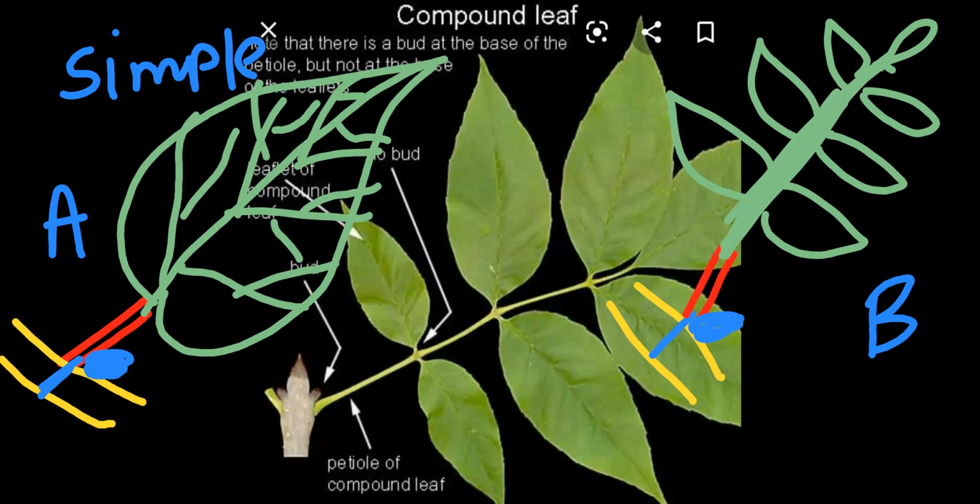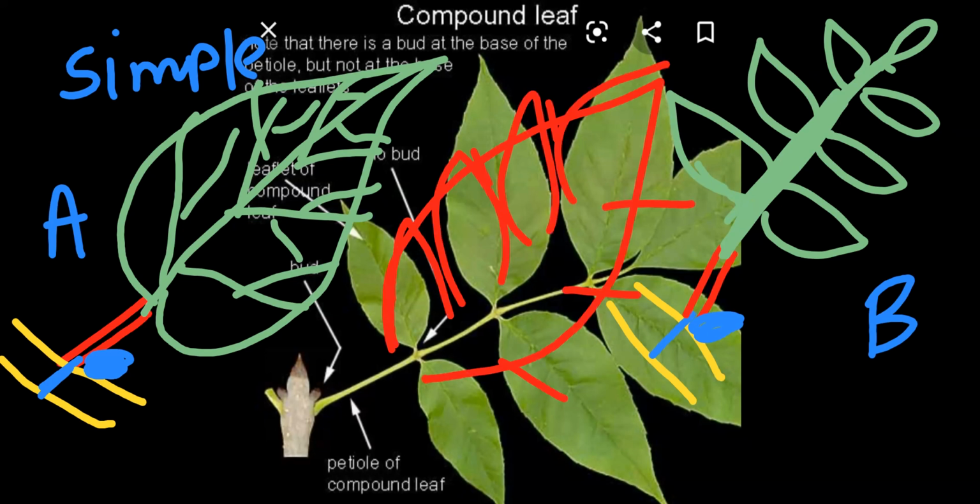Imagine over here one entire leaf, suppose this is the entire leaf, and this entire leaf is cut, an incision cut occurs. The large leaf is cut into small, small leaflets. See the change.